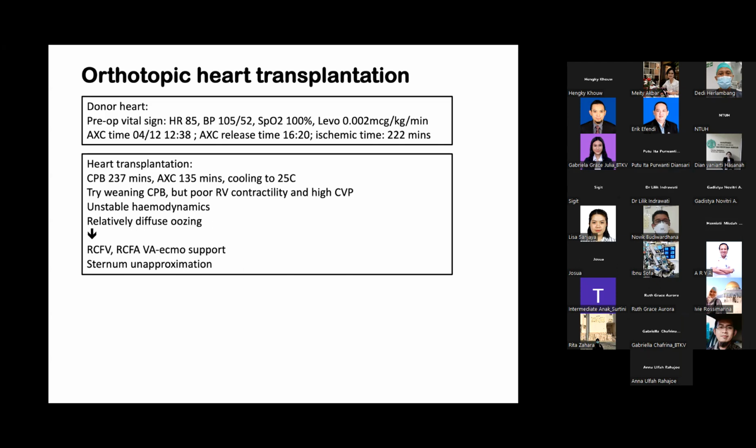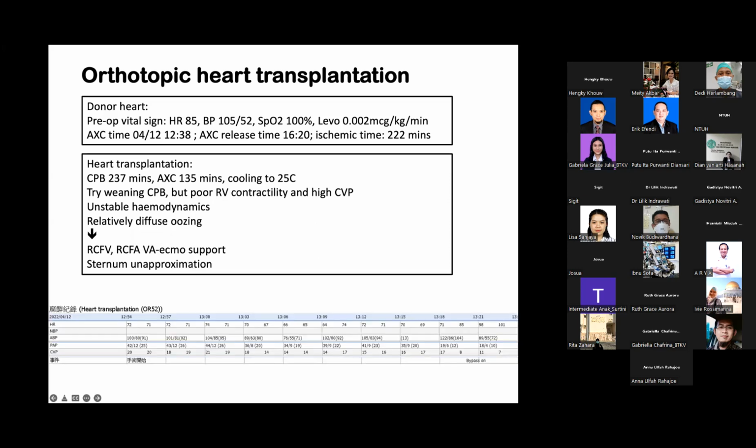So the best thing is prevention, and prevention has to happen before the procedure. So once you encounter this kind of unstable hemodynamic, we must put on the ECMO for a while, and the sternum will stay approximated.